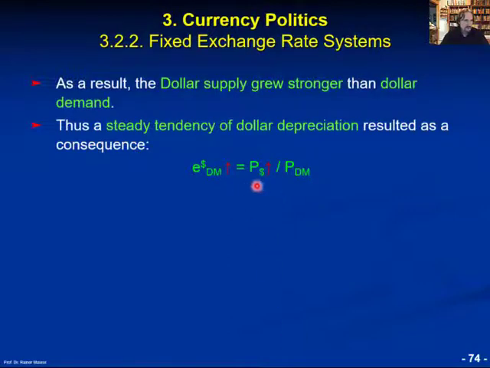So the demand-driven increase of the dollar price level caused a demand for the currencies of the other member states, for example the Deutsche Mark, such that the dollar depreciated against the Deutsche Mark, which means the Deutsche Mark appreciated against the dollar, according to the purchasing power parity equation which we have already derived.